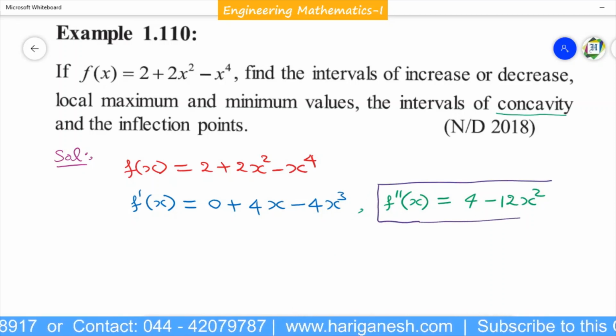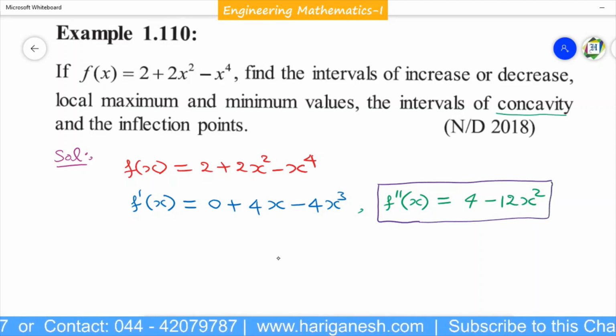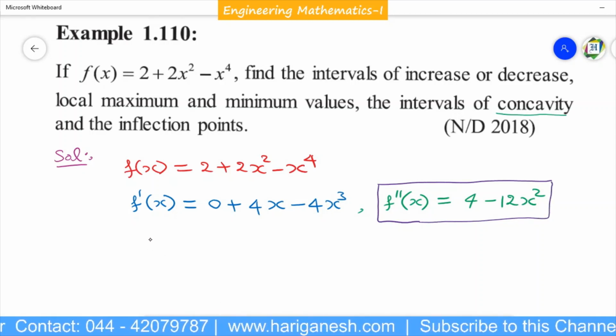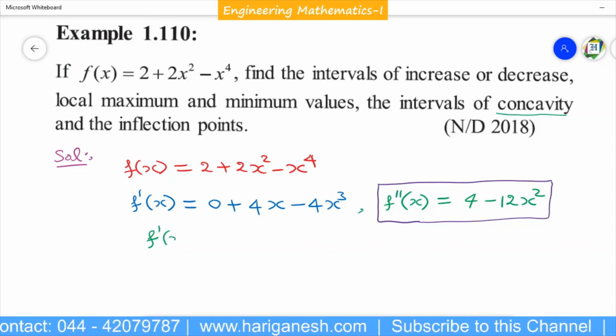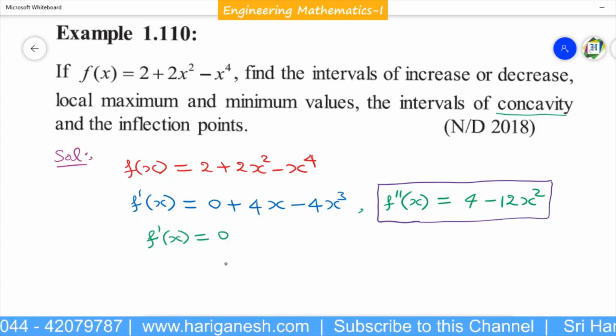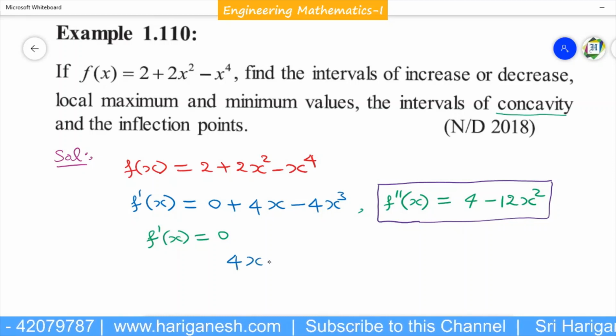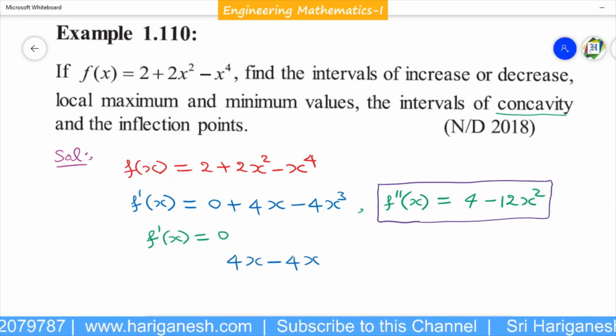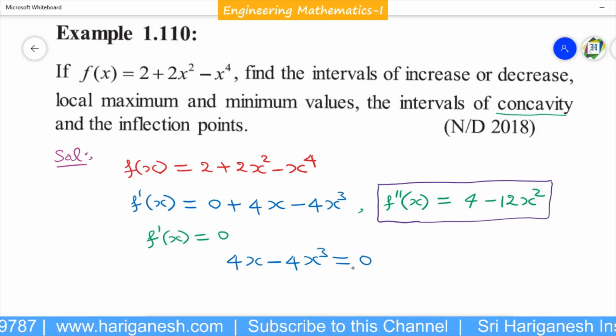Okay, now from the first derivative, I am going to find the critical numbers. So to find the critical numbers, I put f dash of x equal to 0. So what is f dash of x here? 4x minus 4x cube is equal to 0.